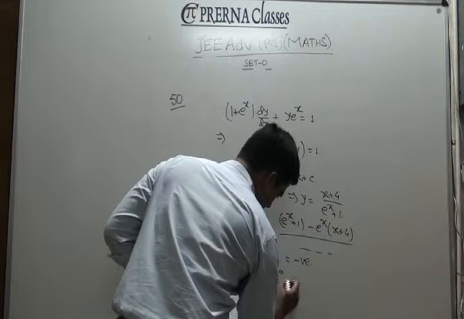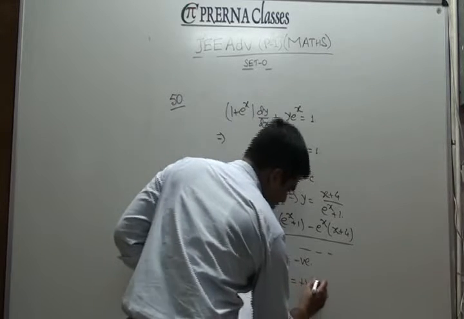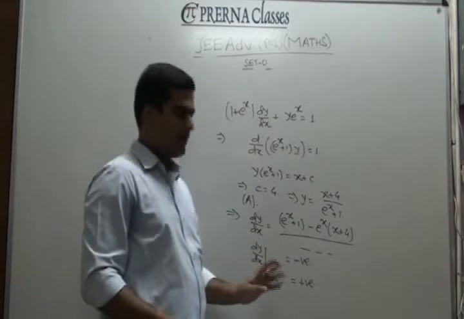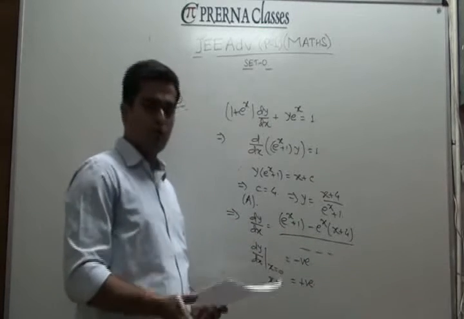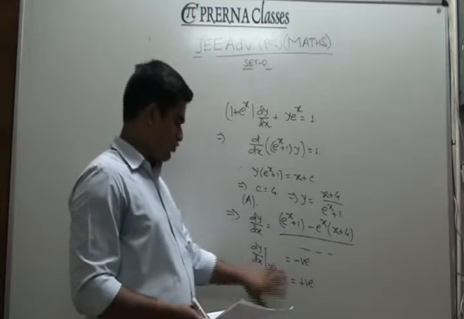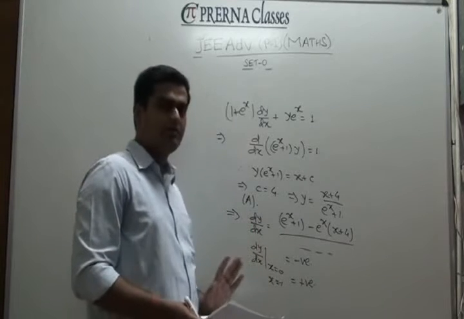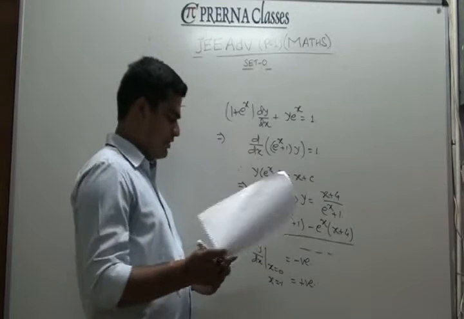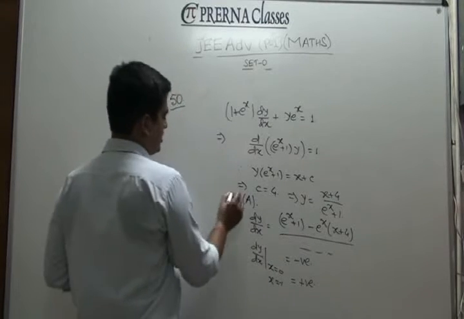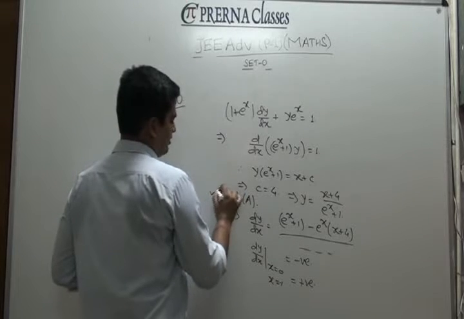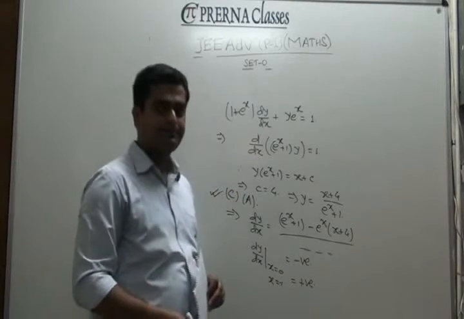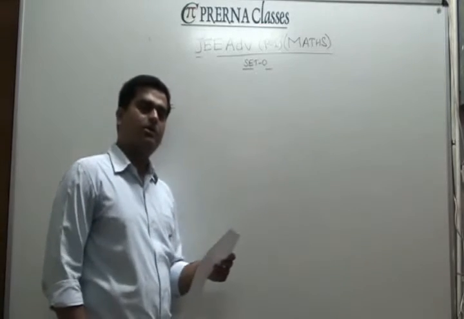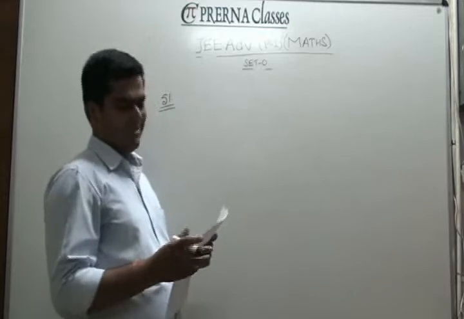I'm sorry, at minus 1 you have to calculate. This is going to be equal to positive value. Clearly then that means, since it's related to the continuous function, minus 1 to 0 you should have an abscissa where derivative is 0. Hence you have a critical point in the interval of minus 1 to 0. Obviously that is going to make the option C in addition to A correct, and this is what is the correct set of answers.